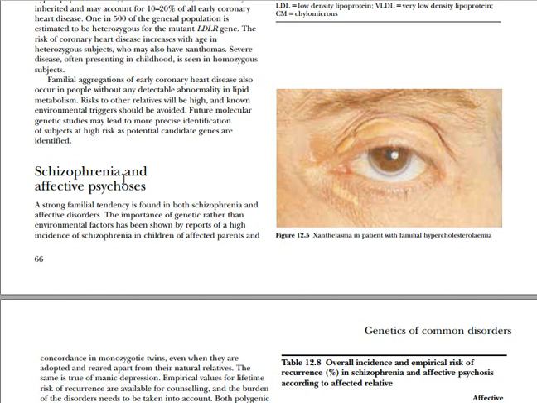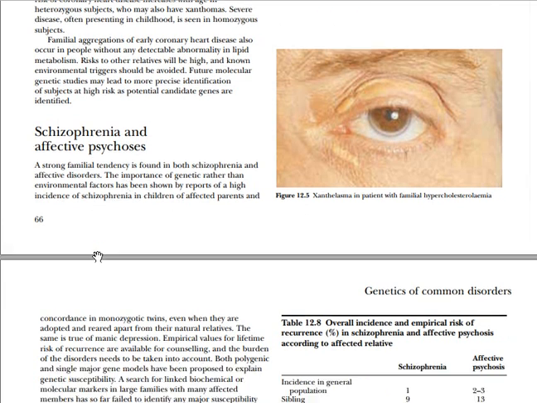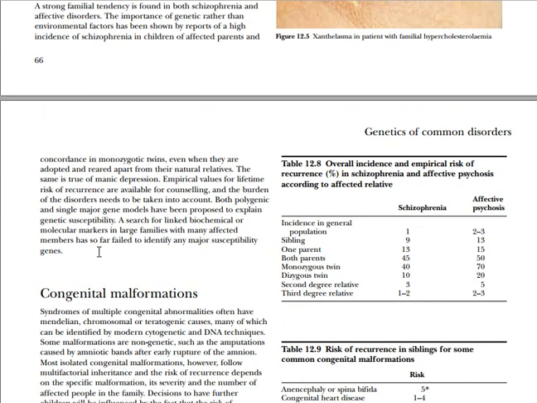Now schizophrenia and affective psychosis. We said that schizophrenia is more genetic than even environmental. So there is a strong familial tendency in both schizophrenia and affective disorder. Is it clear?